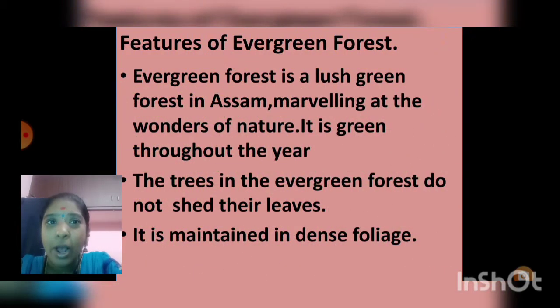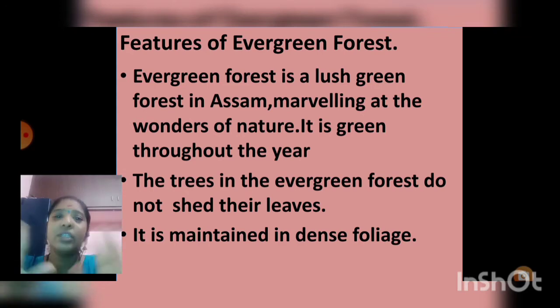So now let's find the features of the evergreen forest. The evergreen forest is a lush green forest which is found in Assam. Marveling at the wonders of nature, it is green throughout the year, in all seasons.